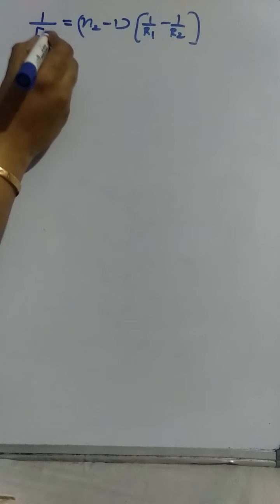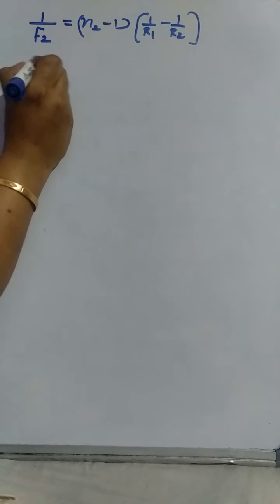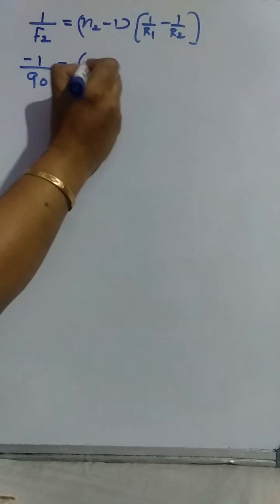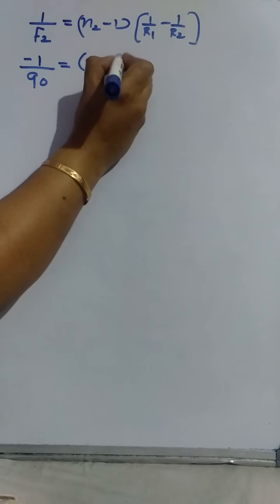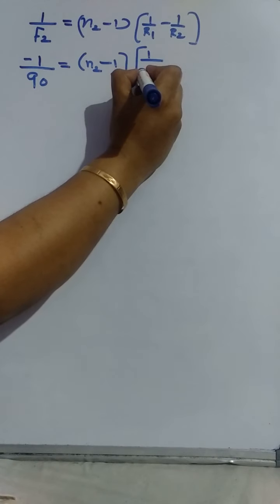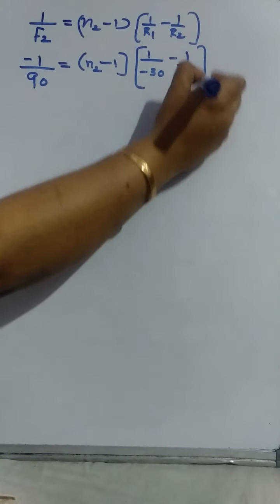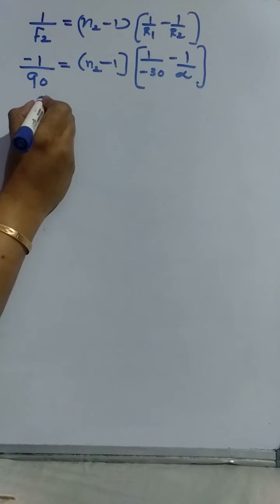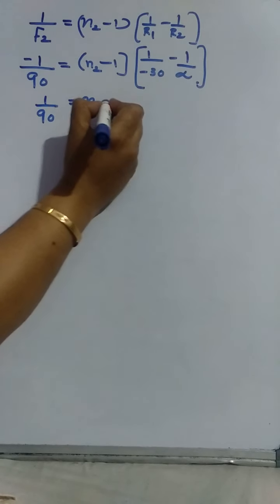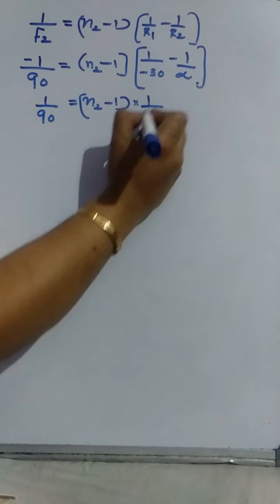We put the values of F2, R1, R2. F2 is minus 90, that is minus 1 upon 90 is equal to N2 minus 1 into 1 by R1, that is minus 1 by 30 minus 1 by infinity. That means it is coming 1 by 90 is equal to N2 minus 1 into 1 by 30.